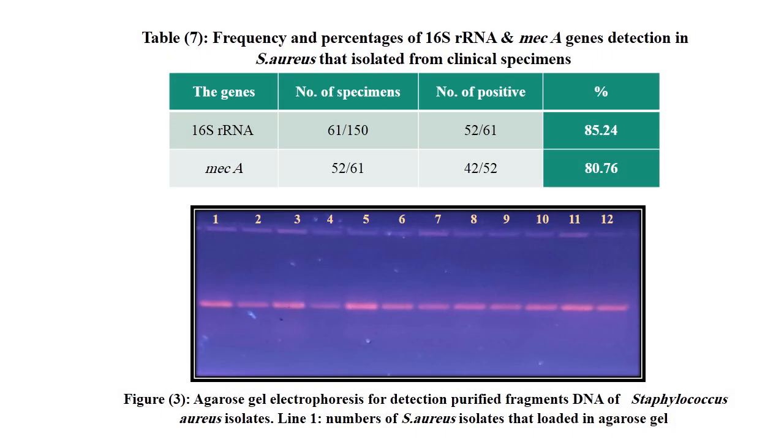Table 7 showed the frequency and percentages of the 16S rRNA and mecA genes detected in Staphylococcus aureus isolated from the clinical specimens.